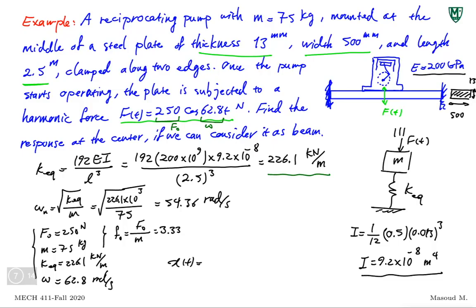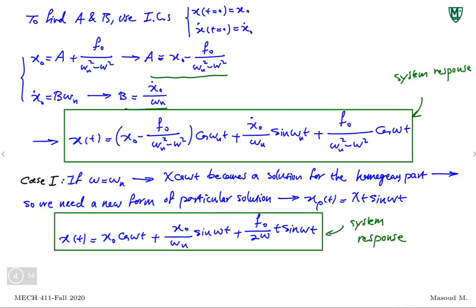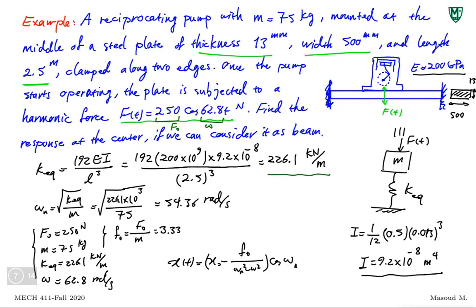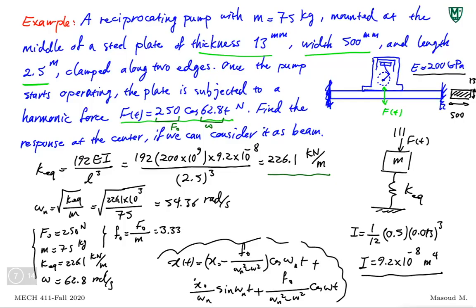We had x(t) in the form of x naught minus f naught over omega n squared minus omega squared, cosine omega n t, plus x naught dot over omega n sine omega n t, plus f naught over omega n squared minus omega squared cosine omega t. That was the system response, general form.